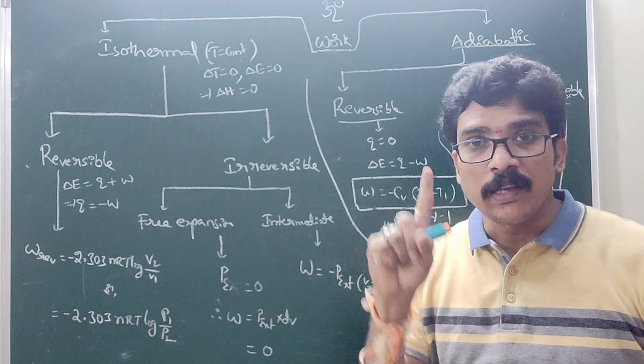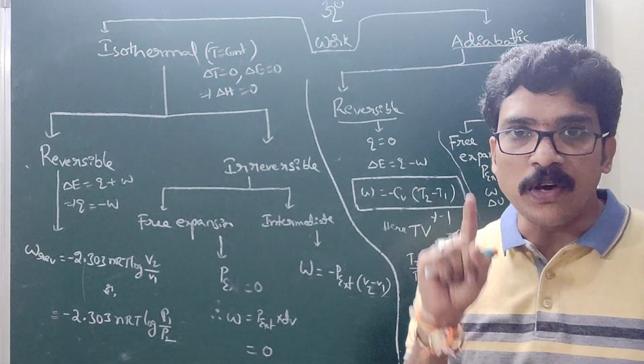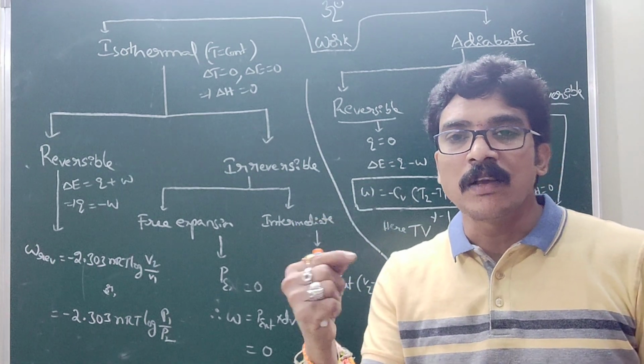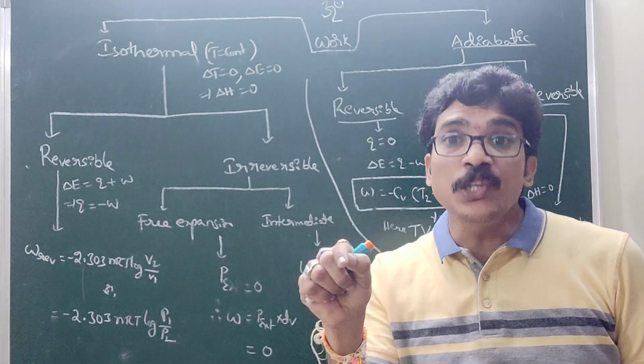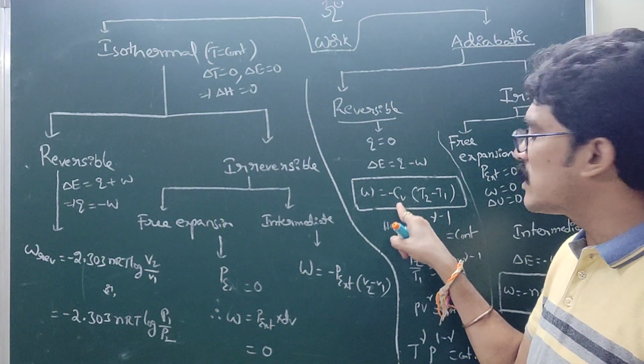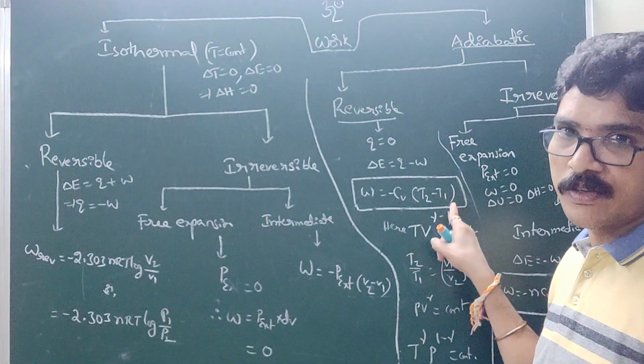For 1 mole of the ideal gas, n is equal to 1. So W is equal to minus Cv into T2 minus T1.